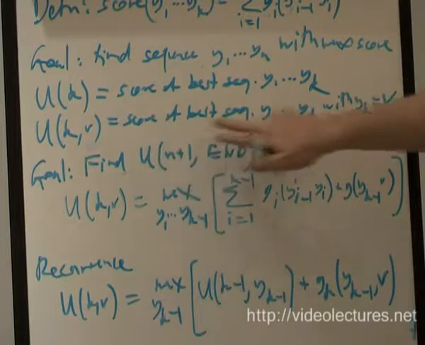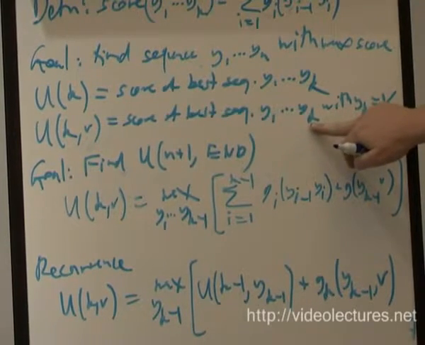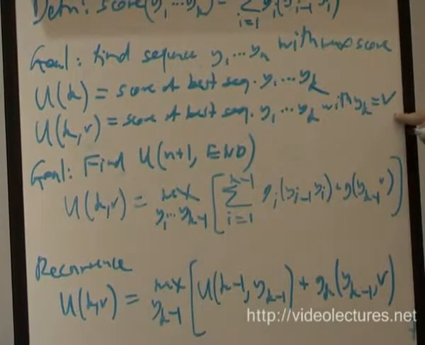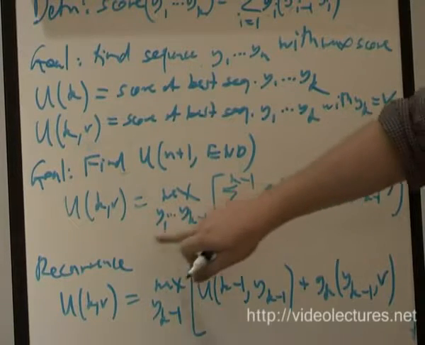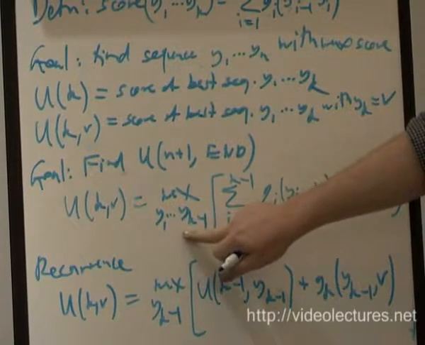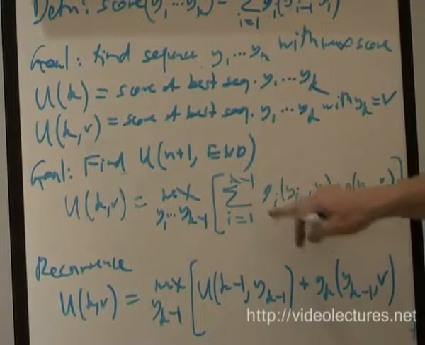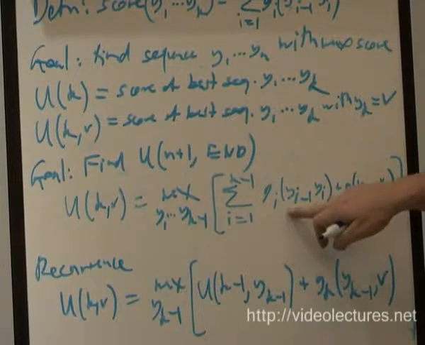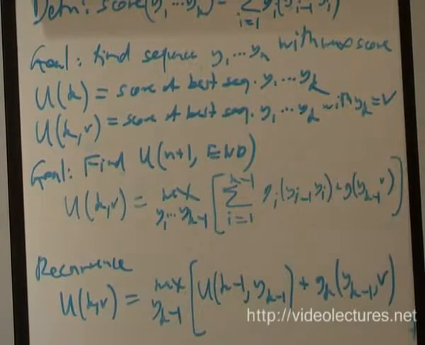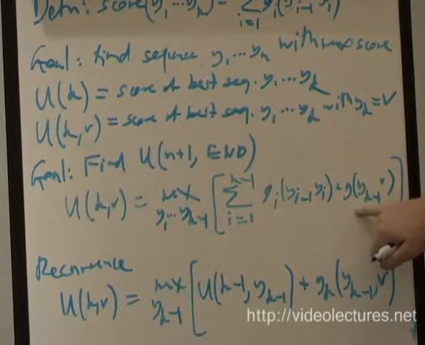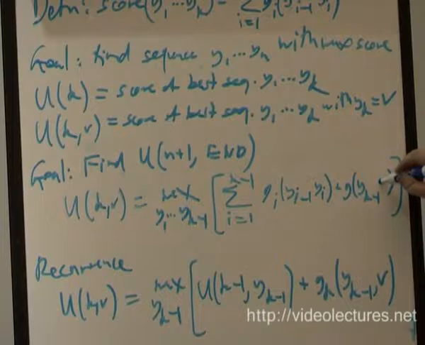It's the score of the best sequence y1 to yk with yk equals v. So it's actually a maximum over y1 to yk minus 1 of the sum of the g functions for i equals 1 up to k minus 1, and then plus the g function for yk minus 1 and v. So this is the definition of the UKV function.